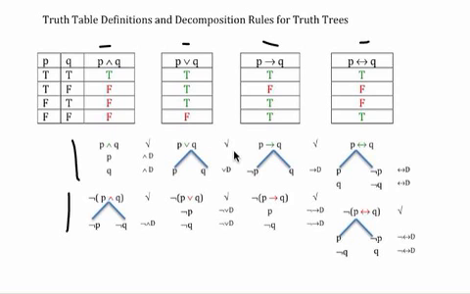And what I'm going to do is talk through the way that what the rule tells us to do is related to what we know about the truth conditions for statements of those forms on the basis of our understanding of the truth table definitions of the operators.